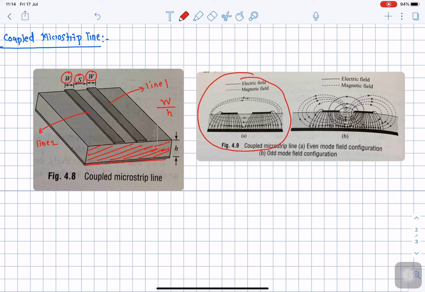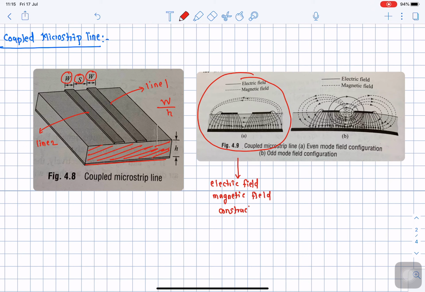So even mode of the coupled microstrip line is the mode in which the electric field lines and the magnetic field lines from the multiple microstrip transmission lines are going to add up constructively. Okay. So please remember, even mode field configuration is the mode configuration in which the electric field and magnetic field are going to add constructively.